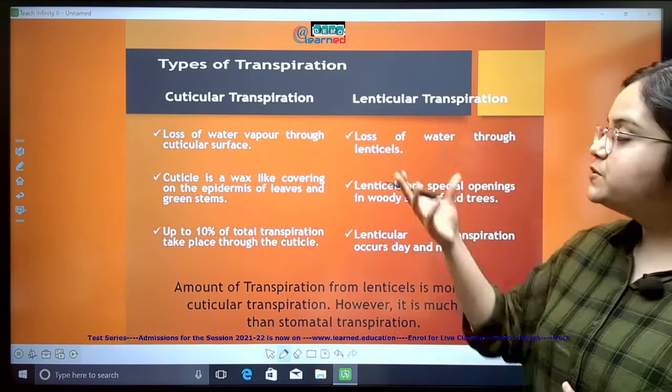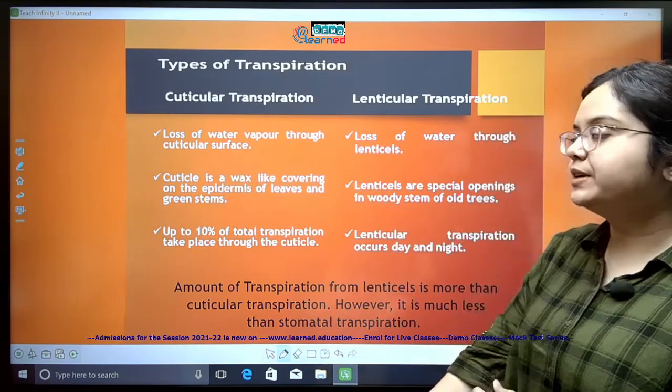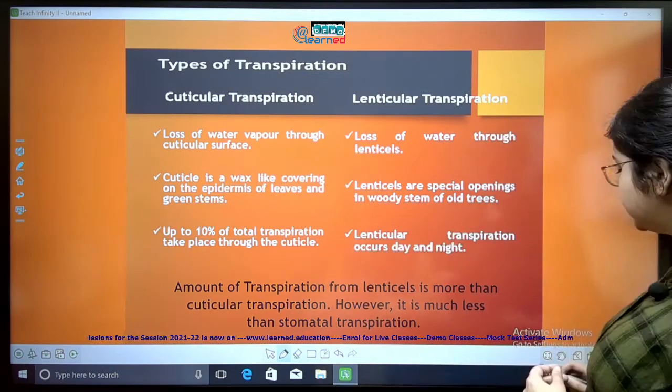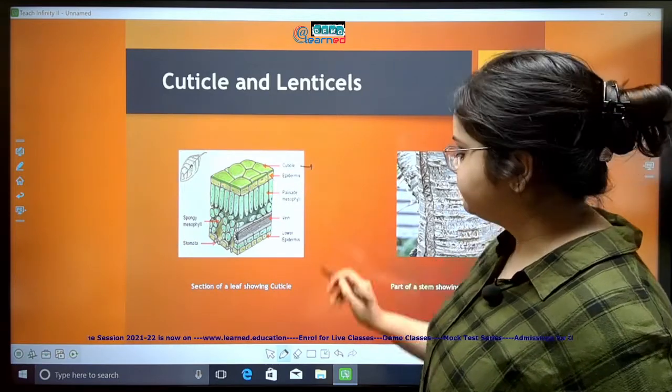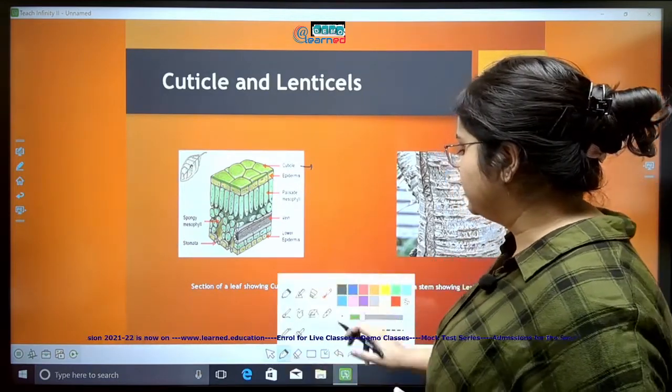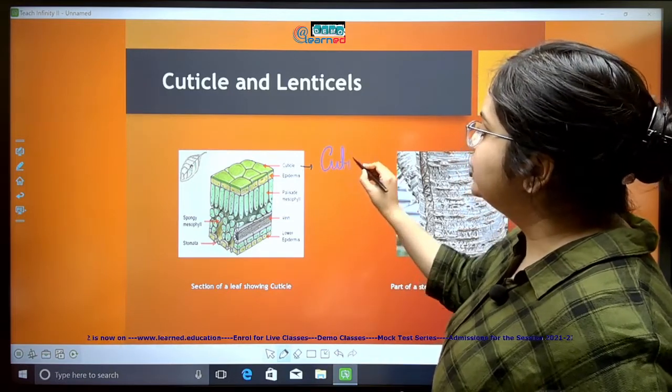Types of transpiration, first is the cuticular one, which is loss of water vapor through the cuticular surface. Now, I can show you a picture. This is the cuticle. What is cuticle?